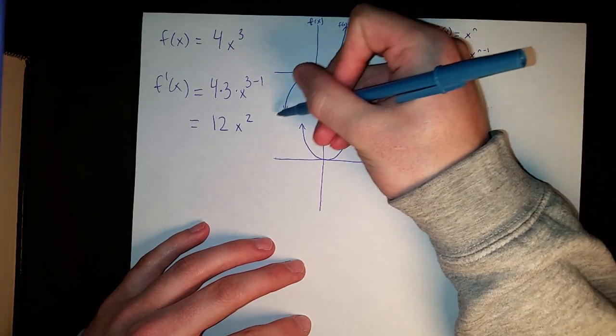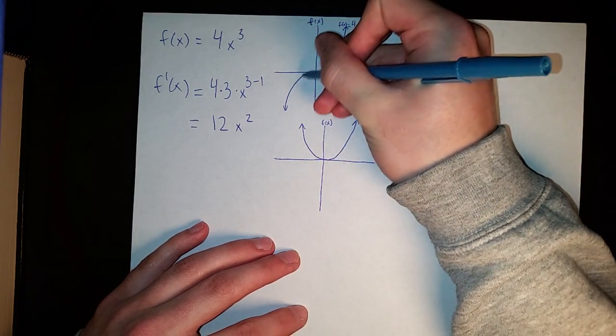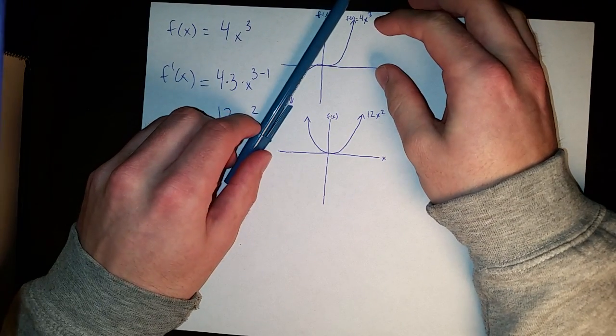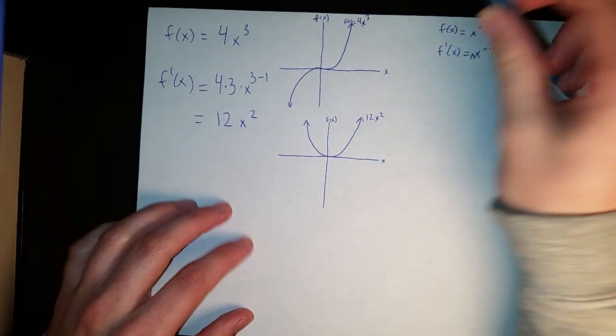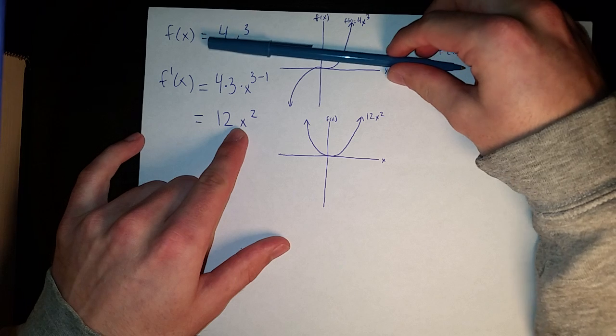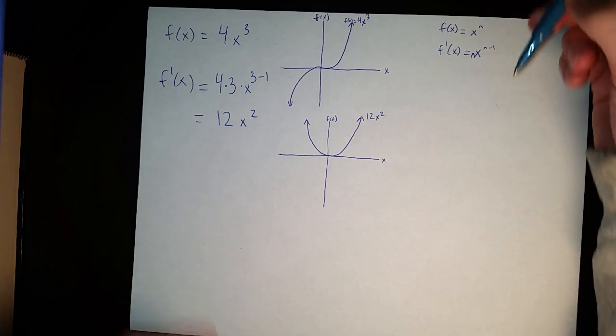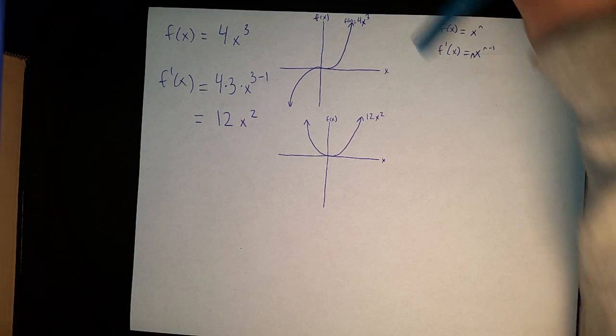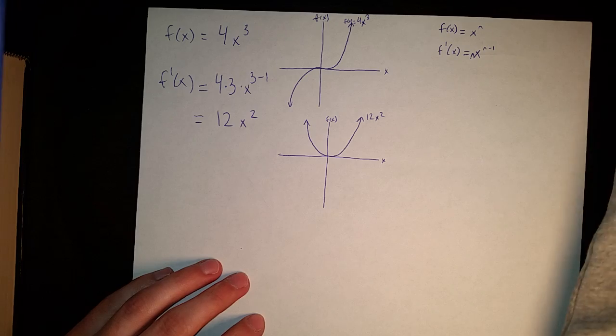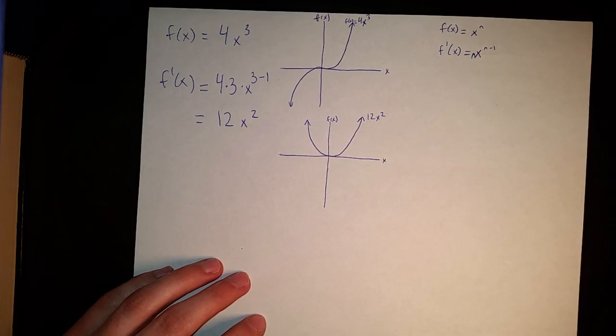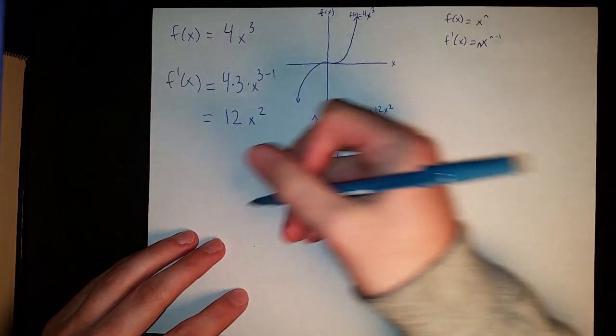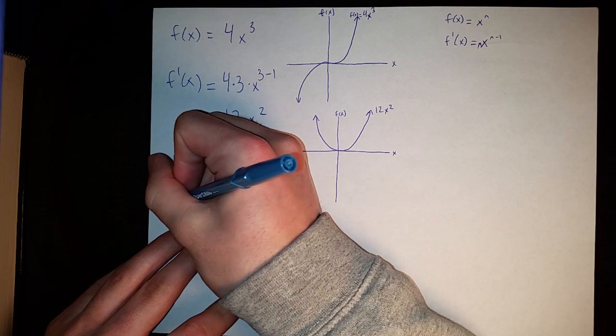And we see that right here, our slopes are positive. And over here, our slopes are positive. And at x equals 0, our slope is going to be 0. All right, so it all ties out. It makes sense, and that's good.